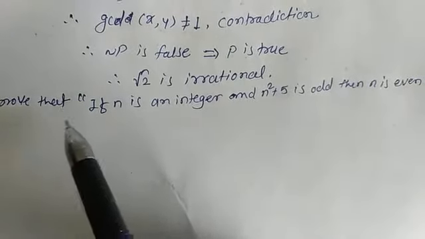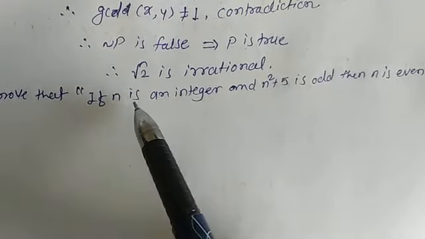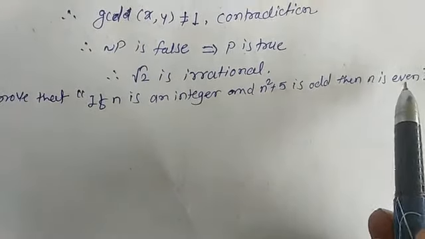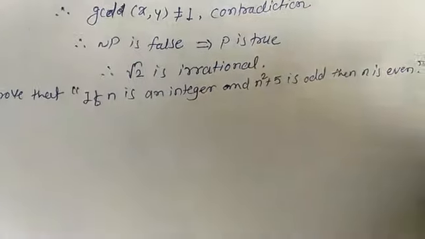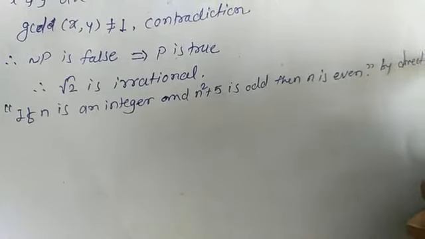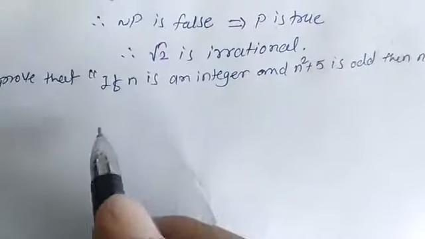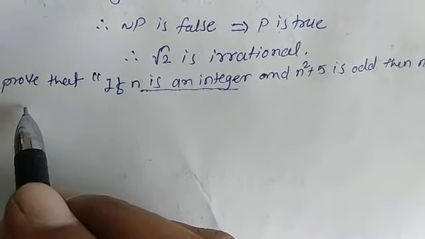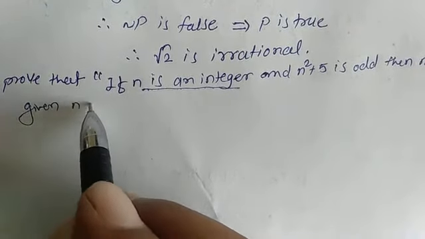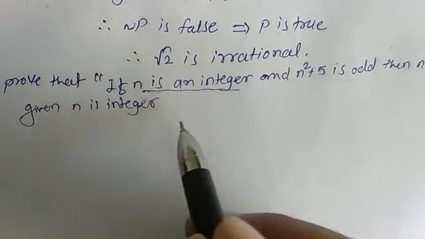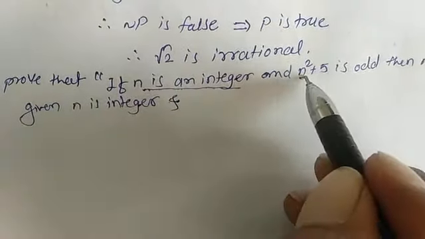Now consider the next example. Prove that if n is an integer and n square plus 5 is odd, then n is even, by using the direct method. First, it is given that n is an integer, and suppose n square plus 5 is odd.